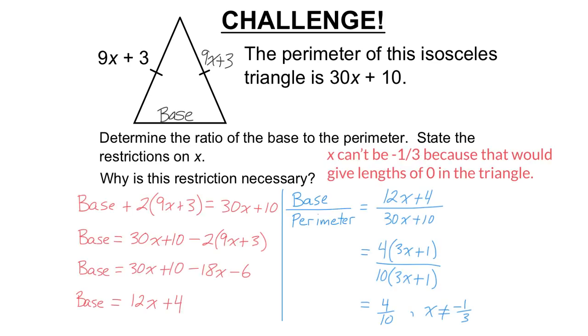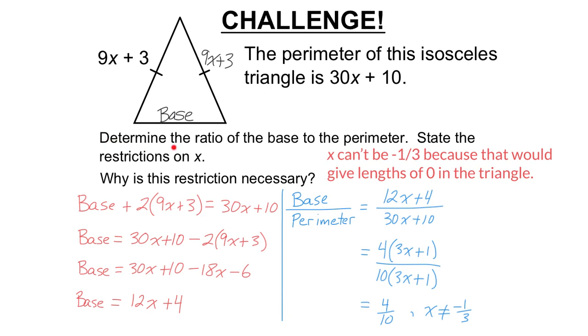I knew that the base plus 2 of these other sides equaled the perimeter. That's what this is. So if I want to find the length of the base, it's the perimeter minus the 2 other sides. That's where this came from. I expand and I simplify, and this is the length of the base.